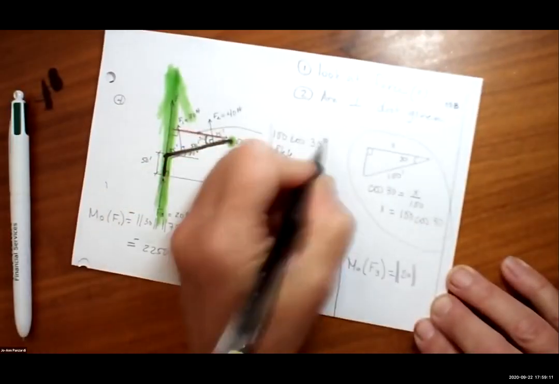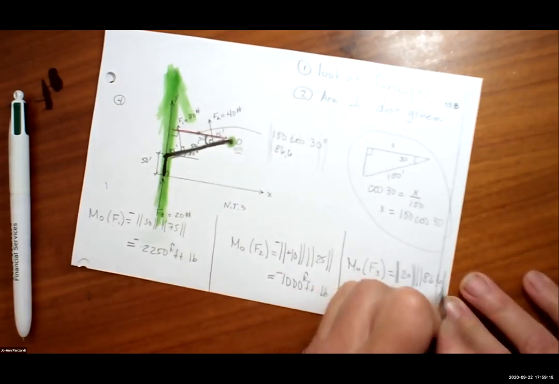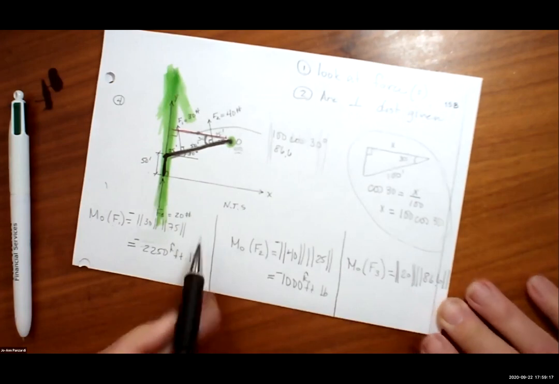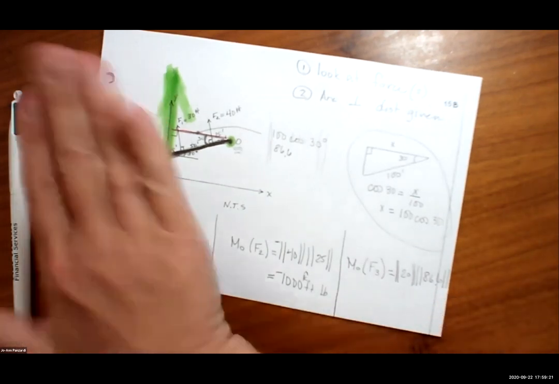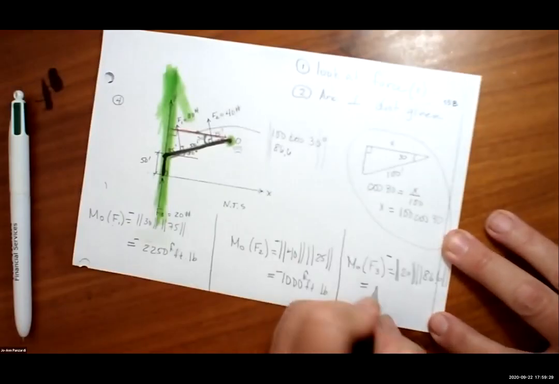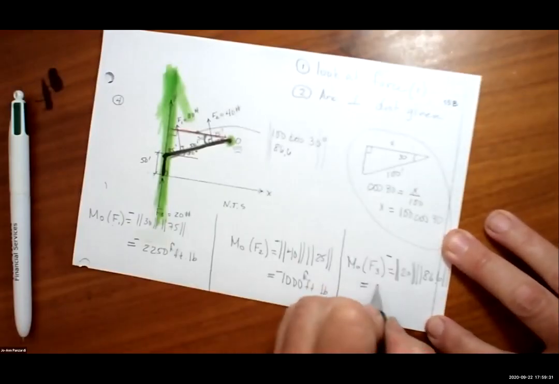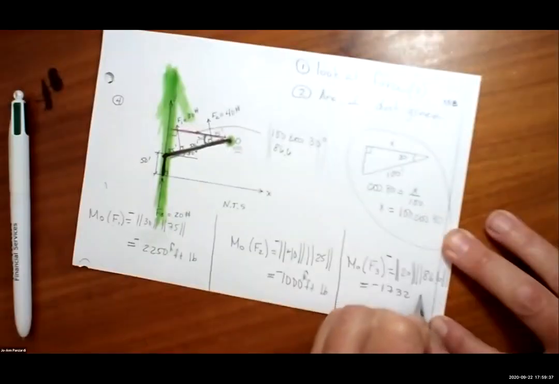We only need absolute value. 86.6. Is it positive or negative? Fingers go in the direction of the force. Palm goes towards the point. Negative or positive? Negative. And it comes out to be negative 1732. Okay, again, foot-pound.